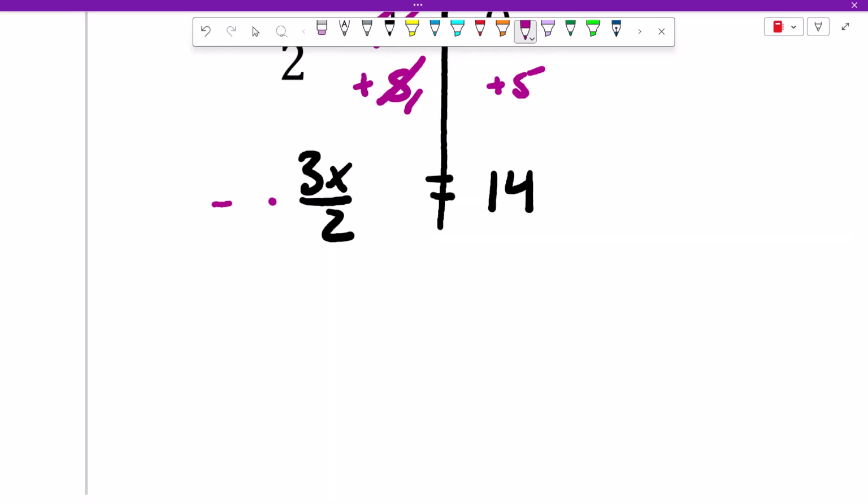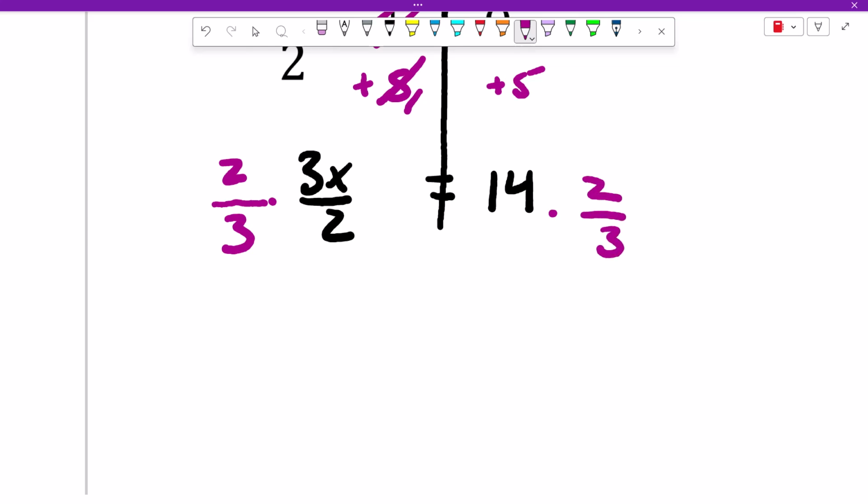If I want to get rid of the 3 and the 2 in one step, yeah, 2 on the top, 3 on the bottom. Remember, a number on the top cancels a number on the bottom, right? So if you multiply by 2 over 3 on this side, you have to do the same thing over here.